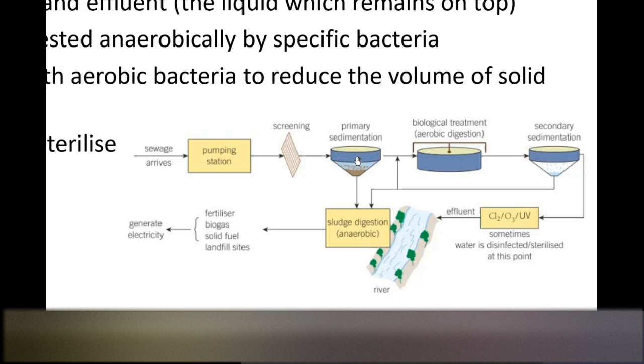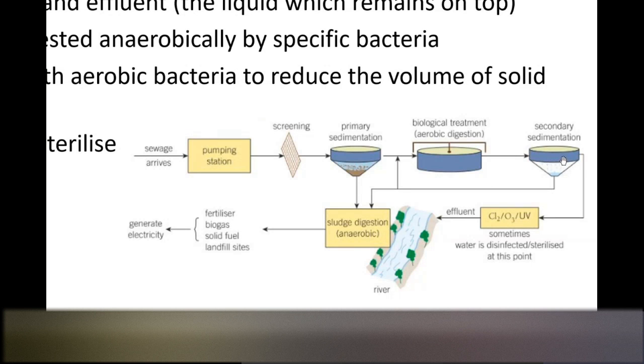And the effluent goes into treatment with aerobic bacteria. Then we go through another sedimentation, so any further sediments will be sedimented, and we can see there that goes and adds to the sludge as well.